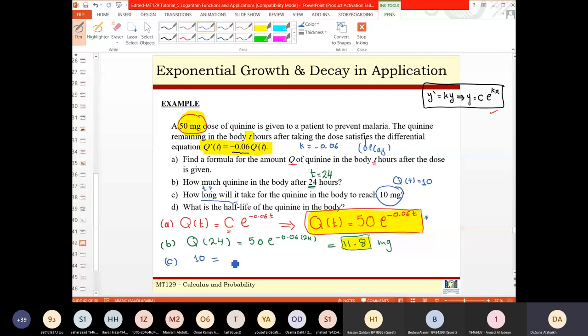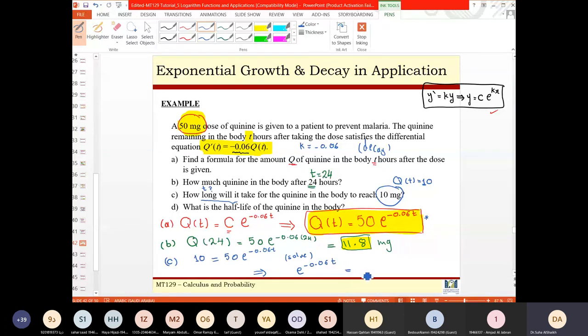So I want this to equal 10. Now solve it. This implies the exponential of minus 0.06 T equal to 10 over 50.